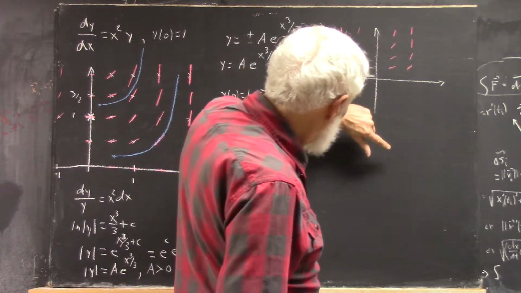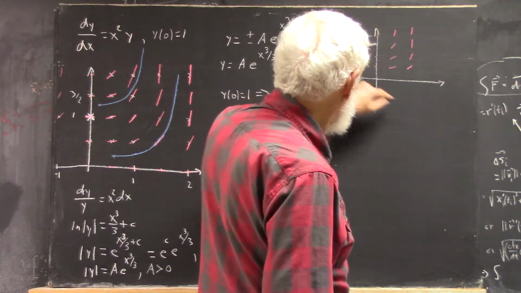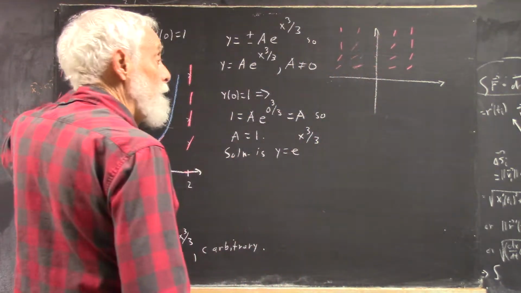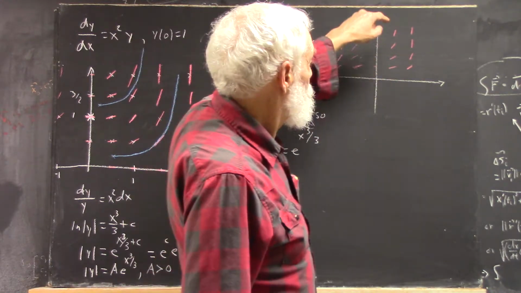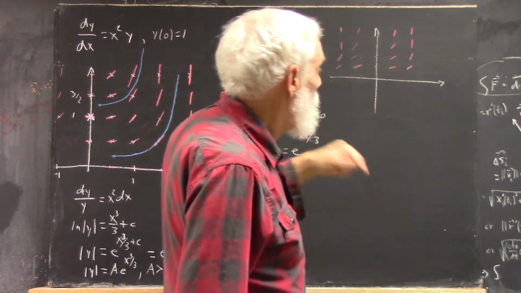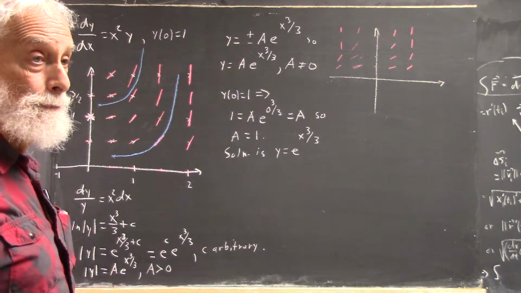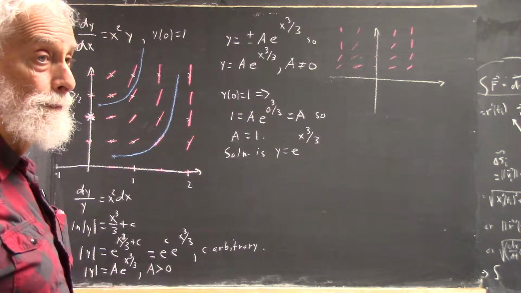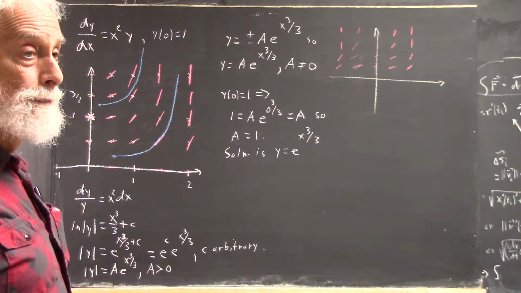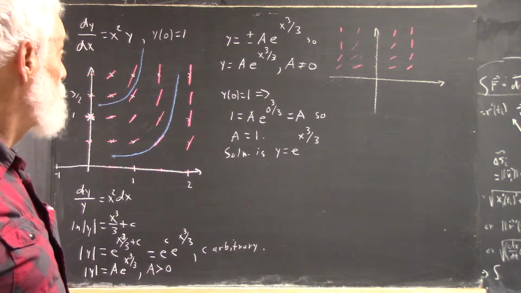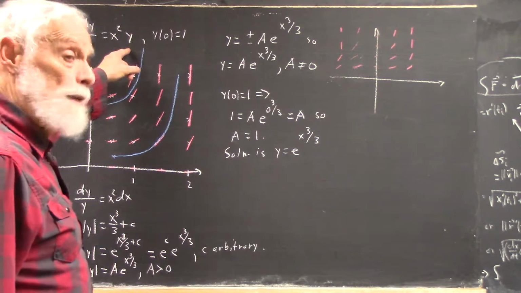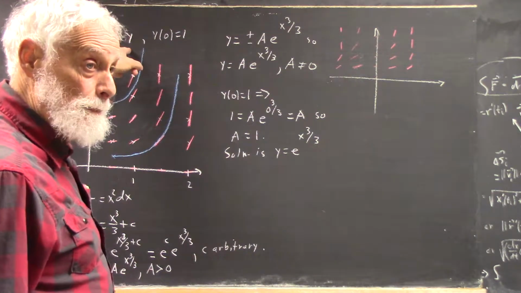Now, if you go down here, what happens? Just looking at this expression, what's the direction field going to look like below the x-axis? It'll be a mirror image. Yeah, it is a mirror image because y becomes negative, right?